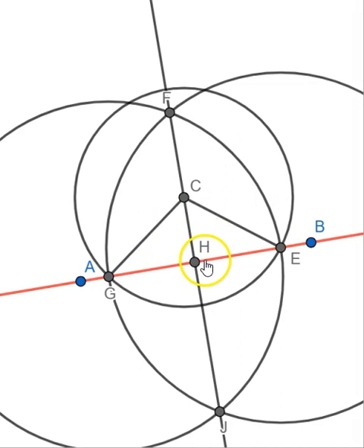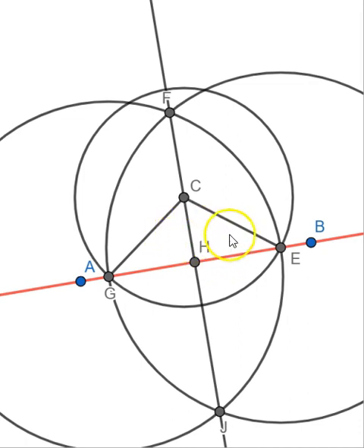So now what do we have to show? That these two angles, CHG and EHC, are both 90 degrees. That means this line is perpendicular to this line. Pretty straightforward now.